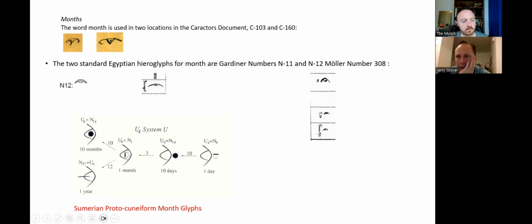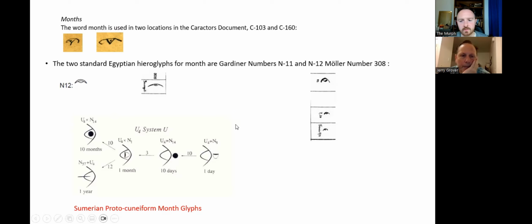It has a dot in it, which is interesting. The Sumerian proto-cuneiform actually has basically the same glyph as the Egyptian for month, which I don't think anybody's really pointed out in the literature, but they put a dot in it to give you the number of months. So I'm not sure it's quite used that way.